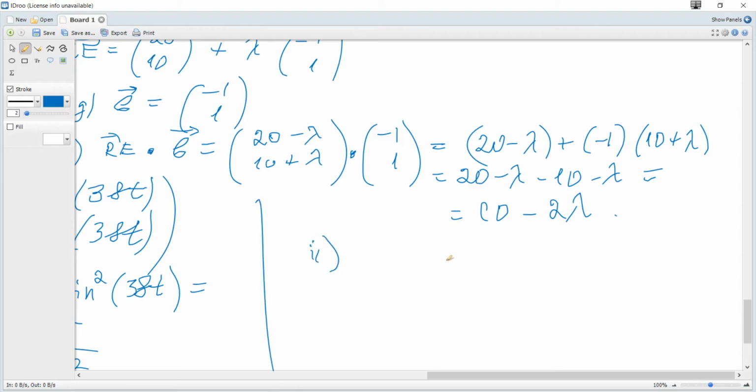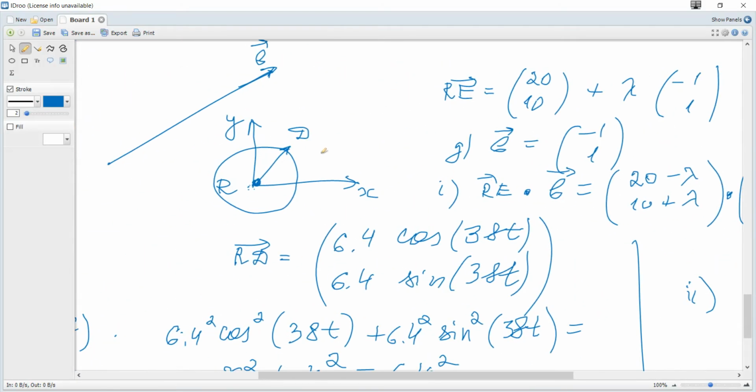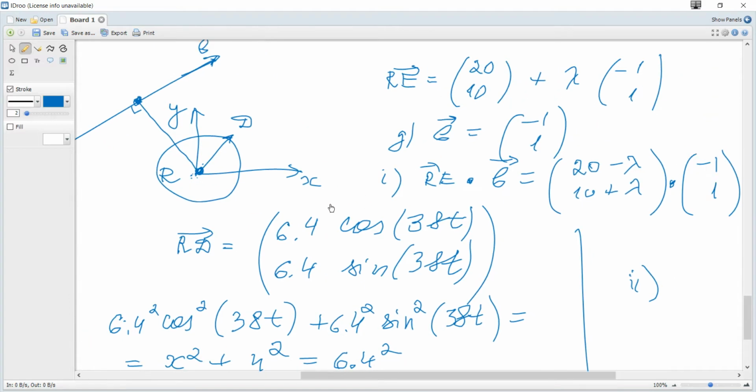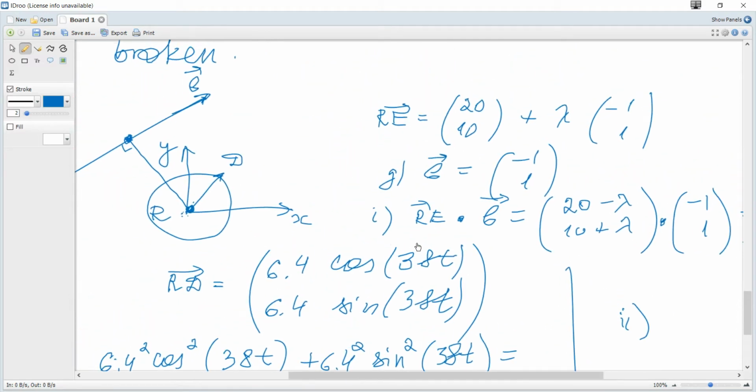Then next, hence find the value of lambda for which the distance from R to the line is minimum, 2 marks. We know that the closest distance is the perpendicular distance. What is RE?